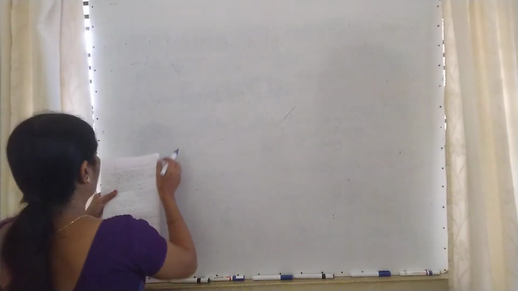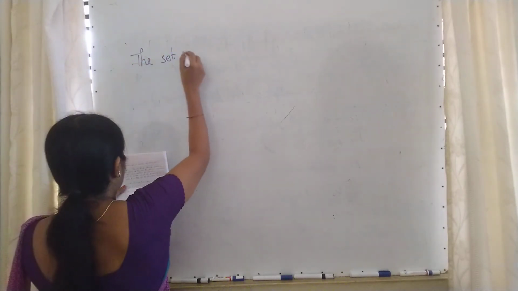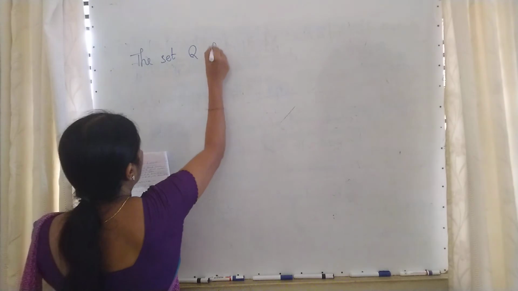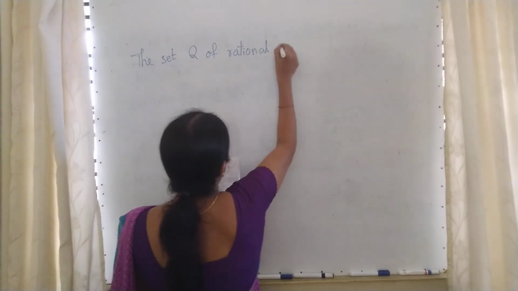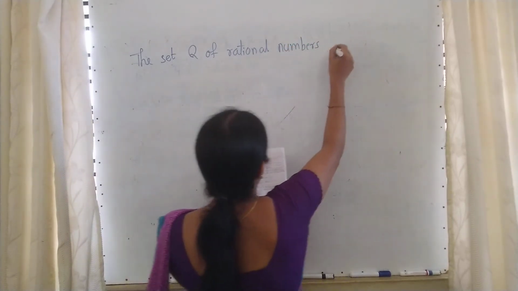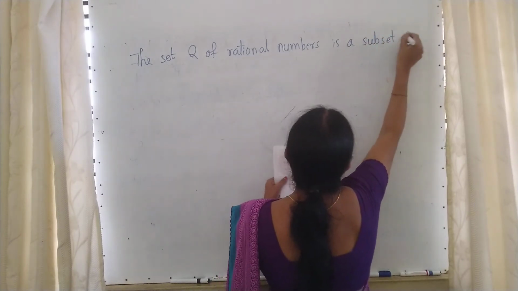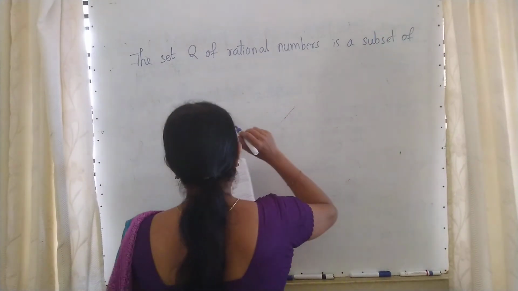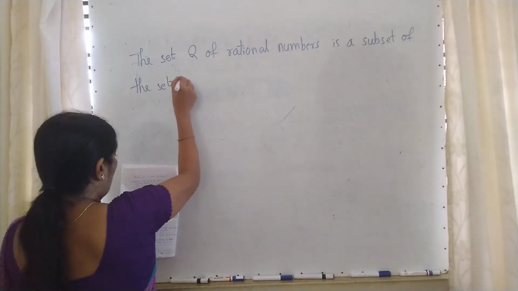The set Q of rational numbers is a subset of the set R. What is R?